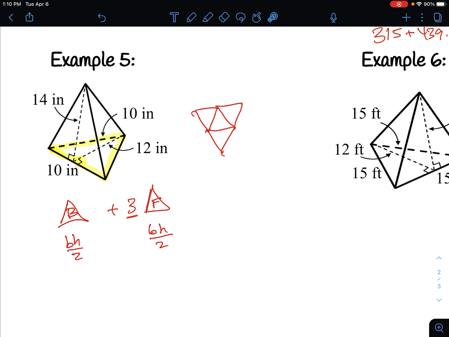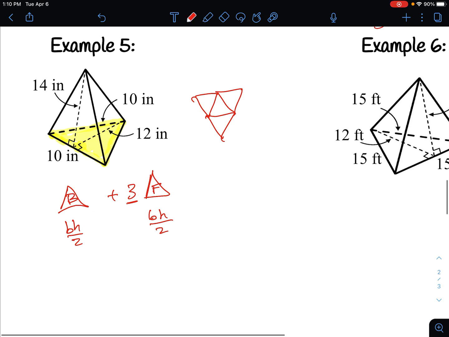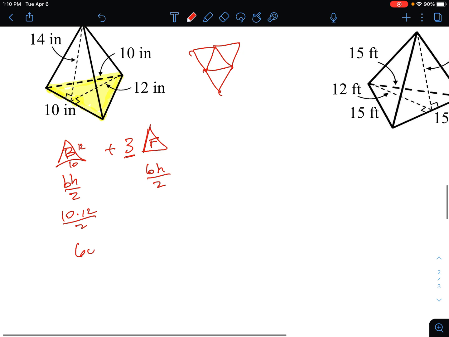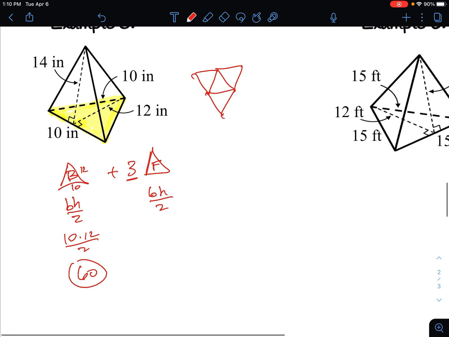It is 12. Remember, we're looking at the bottom. That's why we're looking at the 12 and not the 14 for the base. So base times height, it's going to be 10 times 12, which is 60.